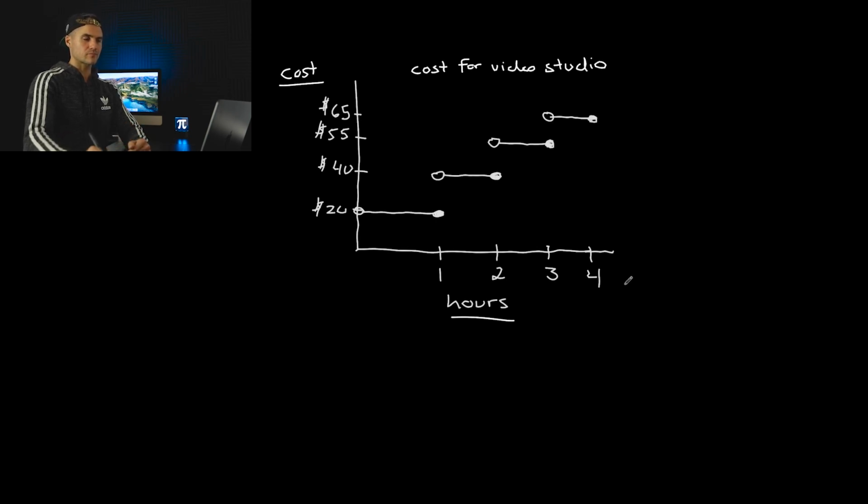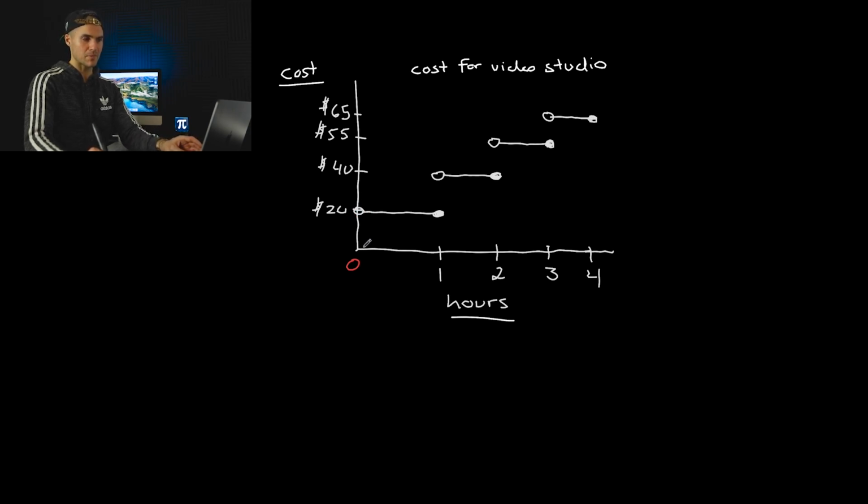Now, just to explain what's going on here. If you rent this studio between 0 and 1 hours, and you're not going to rent it for 0 hours, that's why there's a hole here. No one's going to rent it for 0 hours.